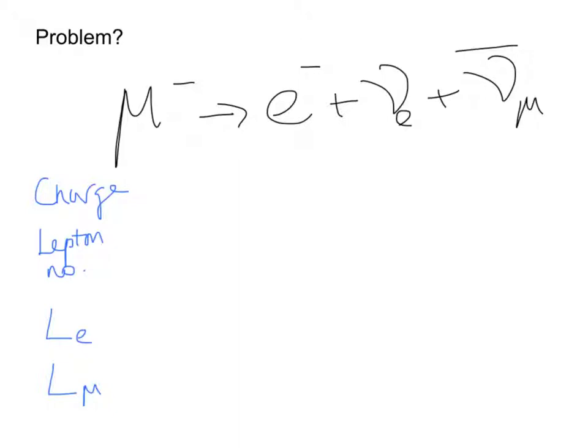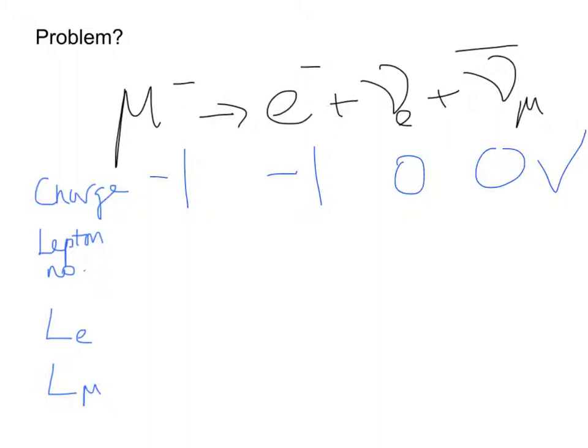Now there's one last issue, and this is muon decay again. Can this interaction happen? Well, let's have a look at charge. We've got muon, which is negative, electron negative, and we've got neutrinos, which are neutral. So charge looks okay.